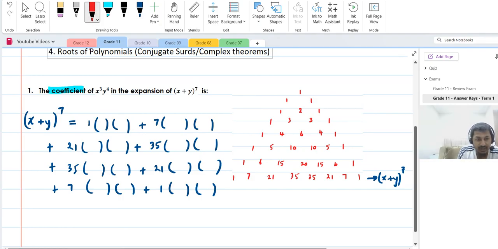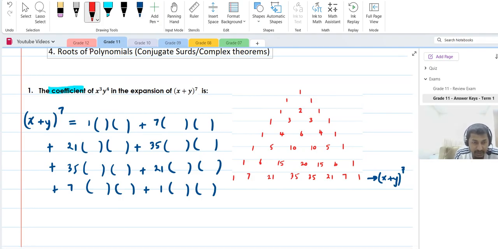So what goes in the first bracket is the x and the y. So x, y, x, y, x, y, and you fill all this in.